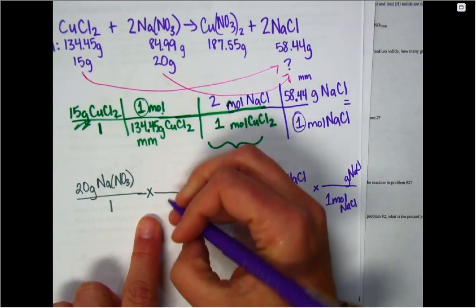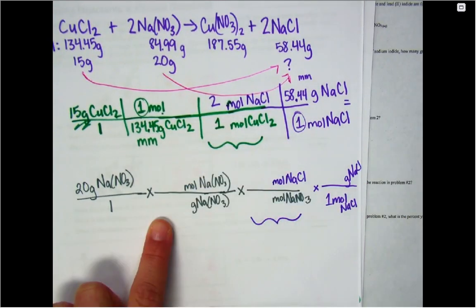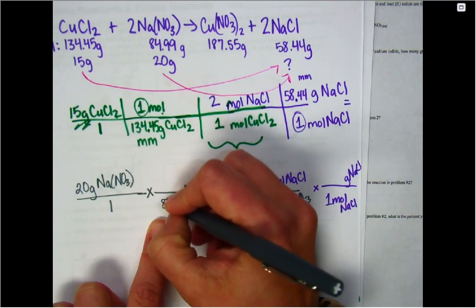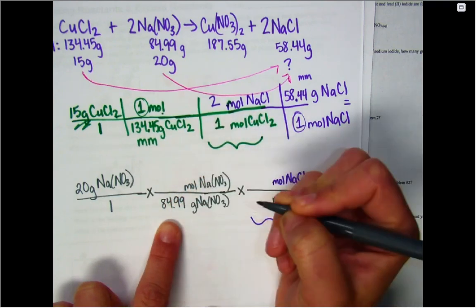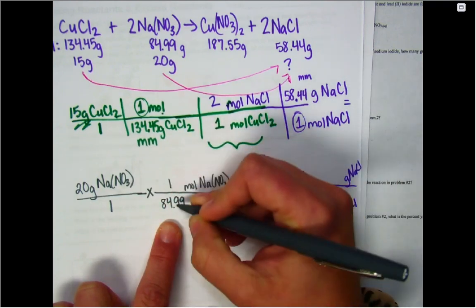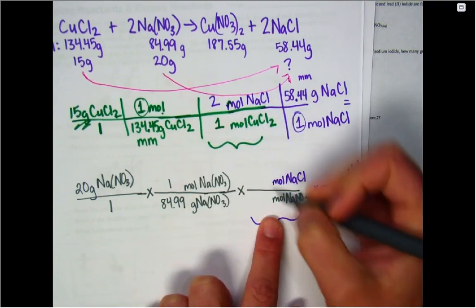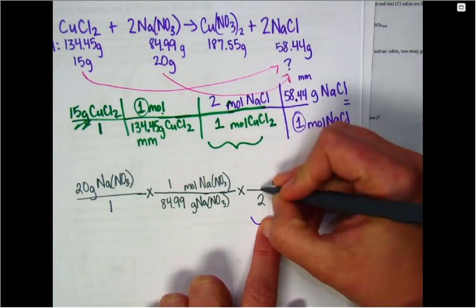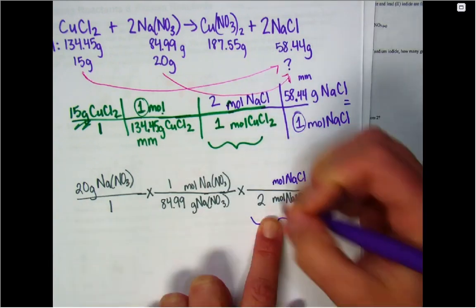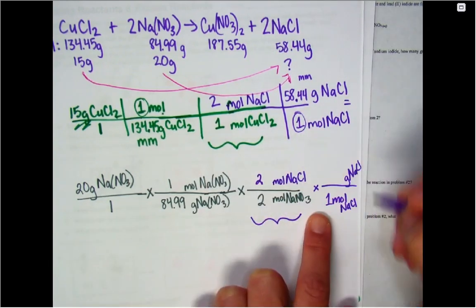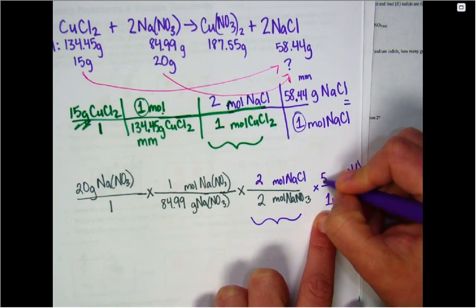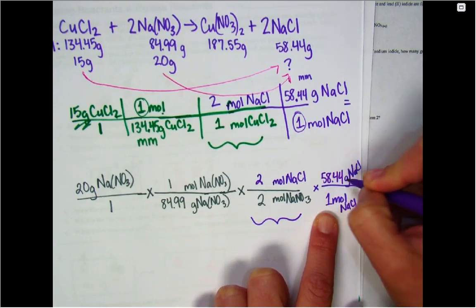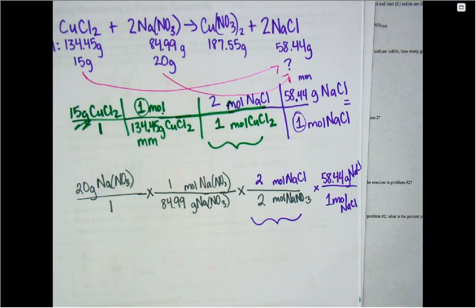So for down here, you should have an 84.99 and a 1, right? Okay, and then here you should have a 2 and then a 2 above, yeah? And then here you should have a 1 and then that 58.44. Okay, there you go. So you can kind of check out the two setups, get your two answers.